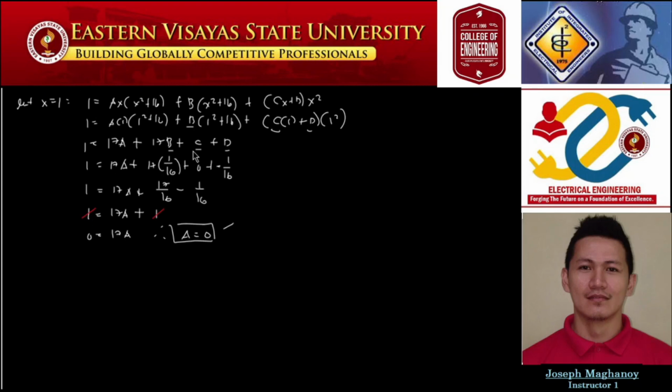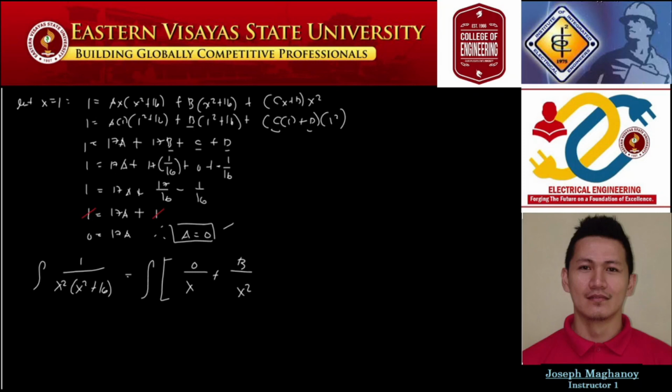Okay, so we rewrite our function. So integral 1 over x squared quantity x squared plus 16. Integral. So what is the value for our A? That is 0 over x plus b over x squared.